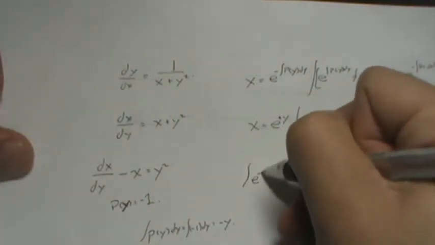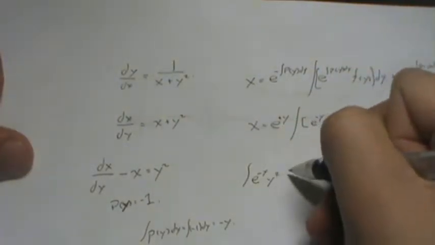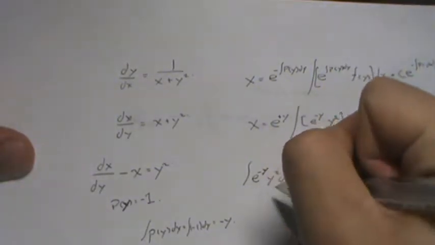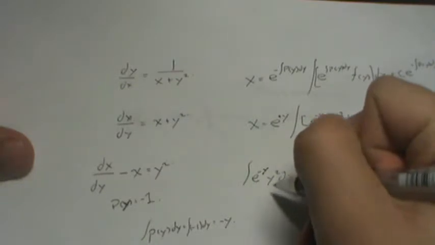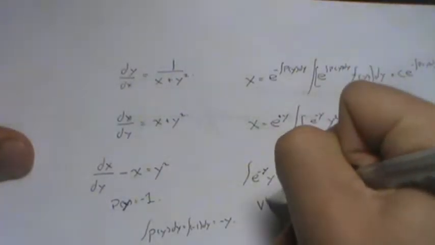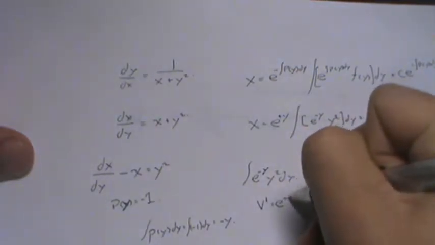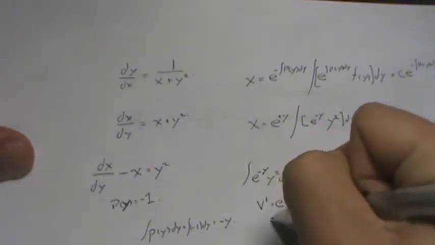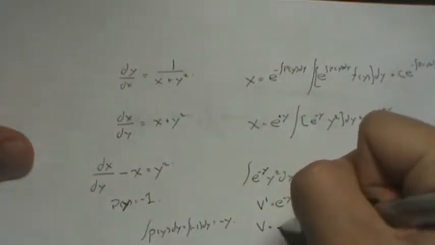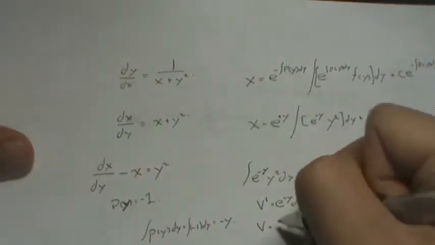Okay, so now let's solve for this integral. The integral of e to the minus y times y squared dy, we have to use our u and v substitution. So let v prime equal e to the minus y dy, and then v, we integrate this one, it's going to be minus e to the minus y.